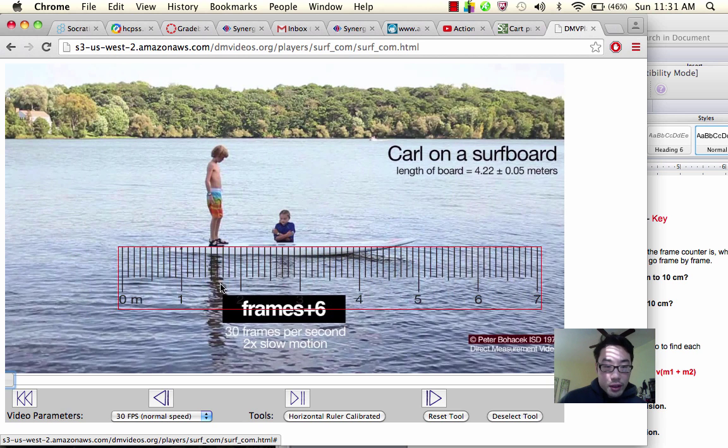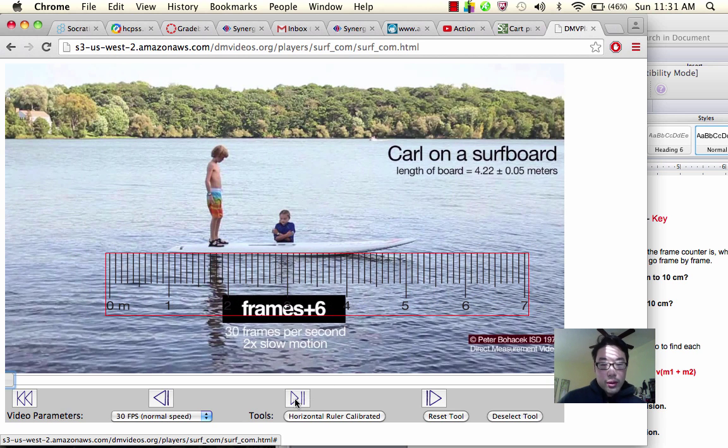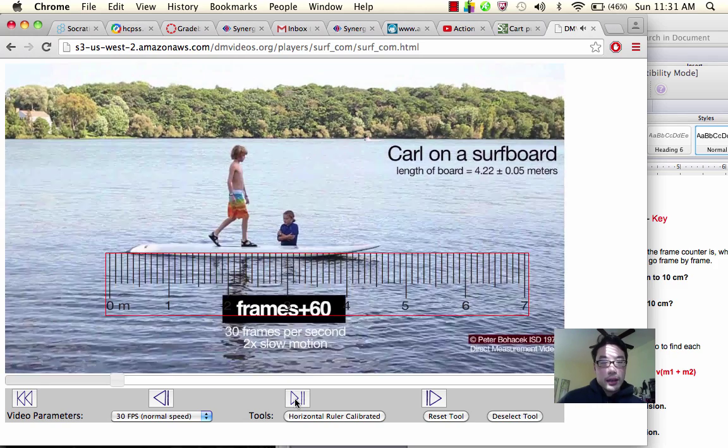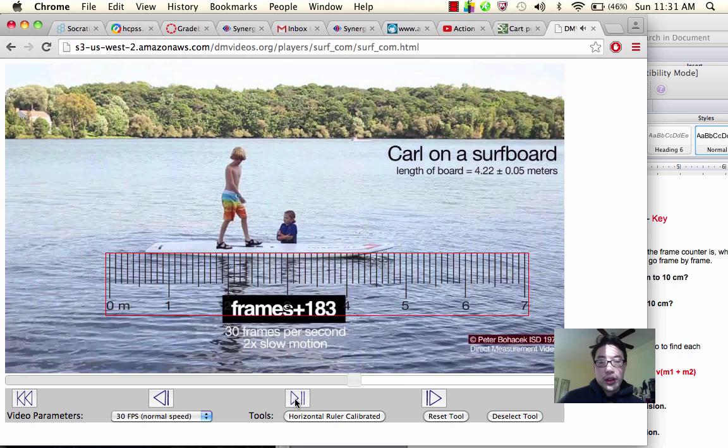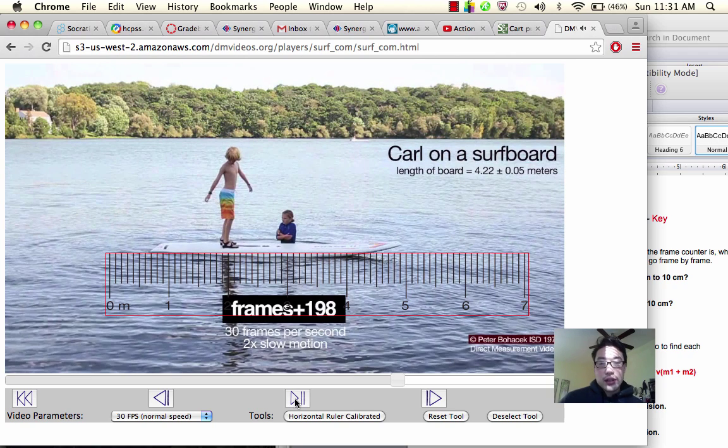If I have it here, you can see that it goes back so many meters. We'll just have to mess around with it in order to find his displacement. And we can see that the length of the board is up here.